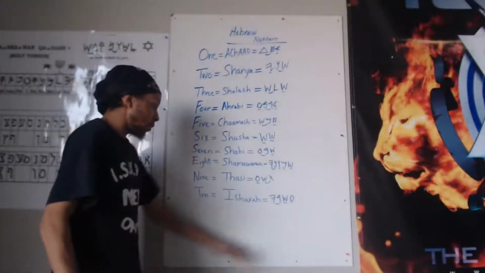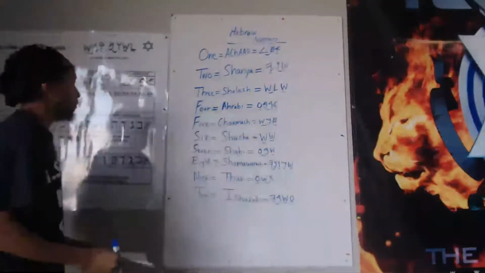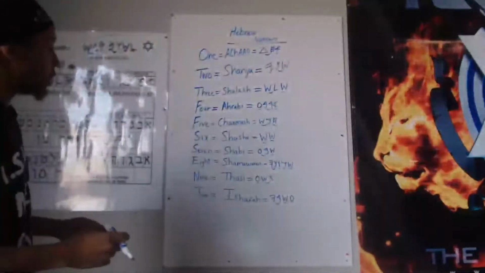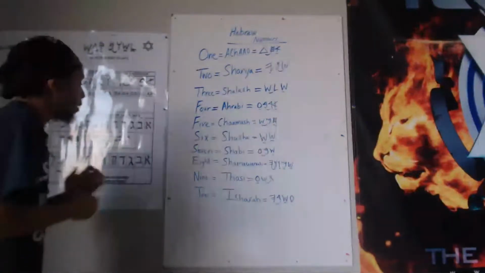Asherah is 10. This is what it is in Hebrew. Asherah. So we got 1, 2, 3, 4, 5, 6, 7, 8, 9, 10.